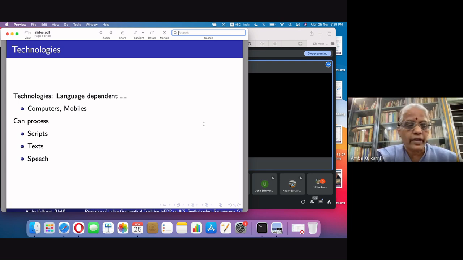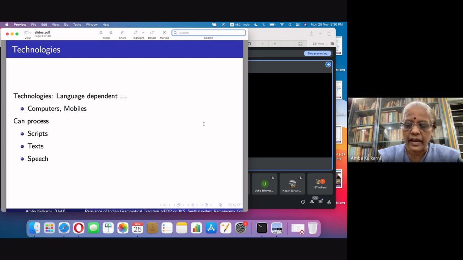Whereas now we are able to type in our own scripts. So this technology revolution has taken place, and the machines, the technology, understand the languages. They can process scripts, they can process the text in different languages.